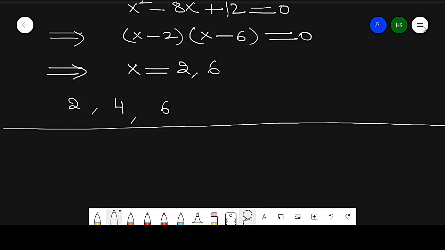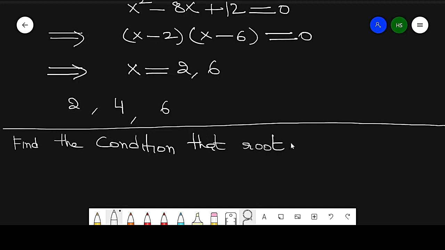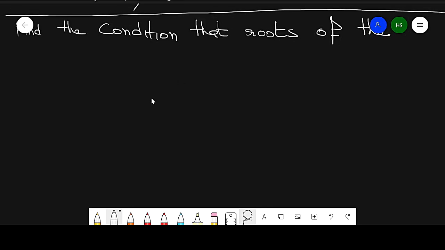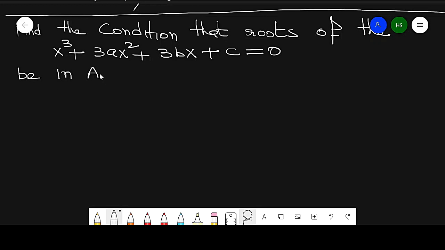Now the statement of the next question is: find the condition that the roots of the equation x cube plus 3ax square plus 3bx plus c equal to 0 be in AP, meaning arithmetic progression.